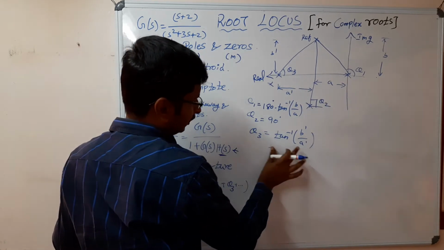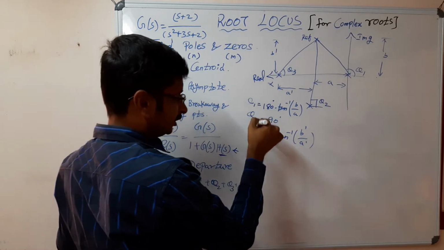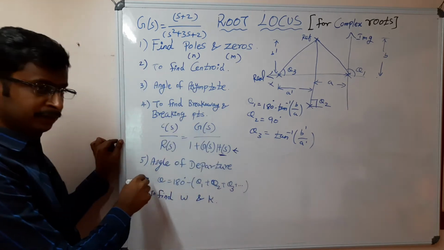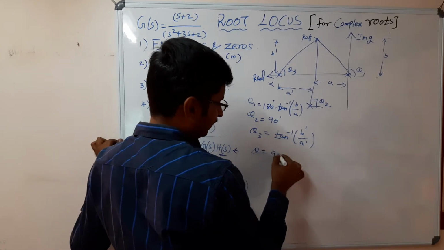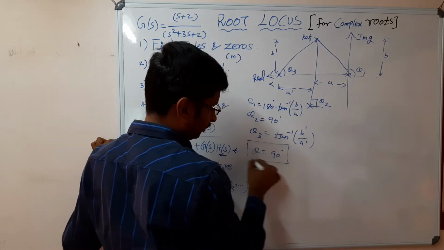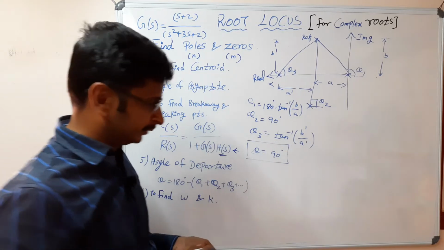You will get the value of theta 3. If you substitute all those theta 1, theta 2, theta 3 in this fifth step, you will get the value of theta. Let me assume it as 90 degree, for my understanding purpose.